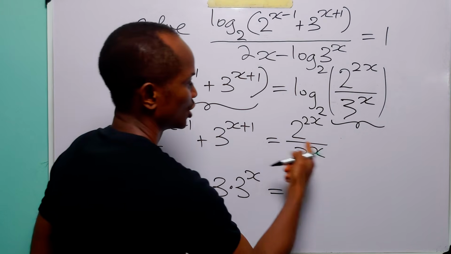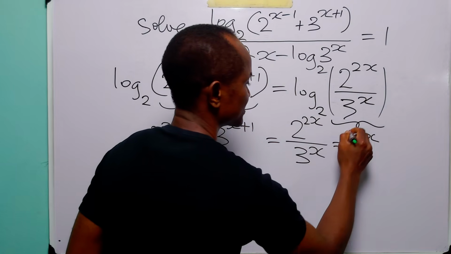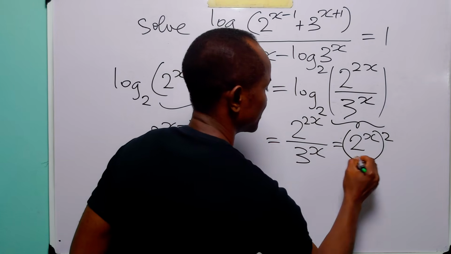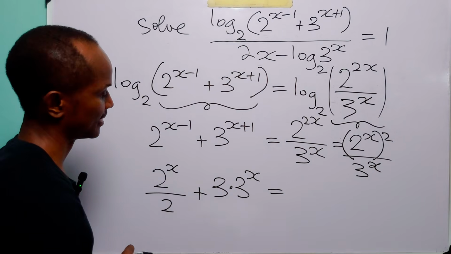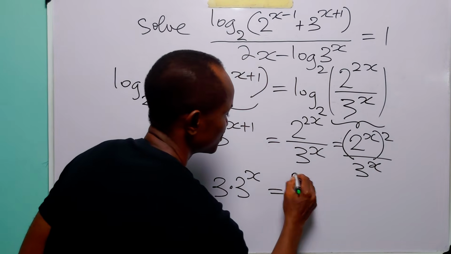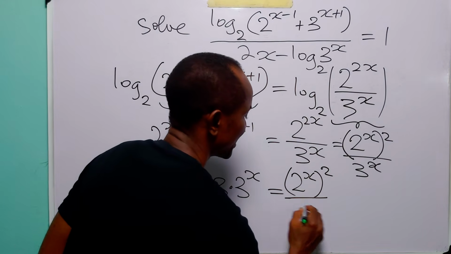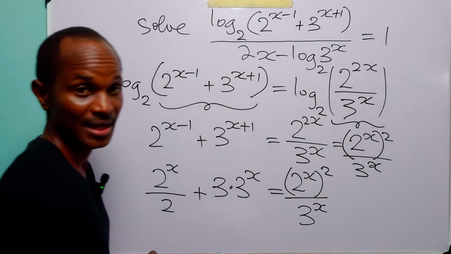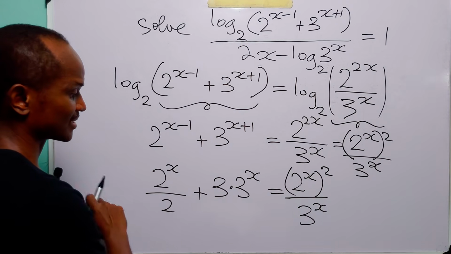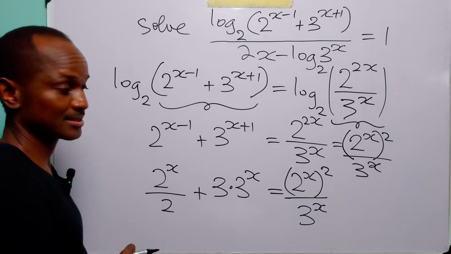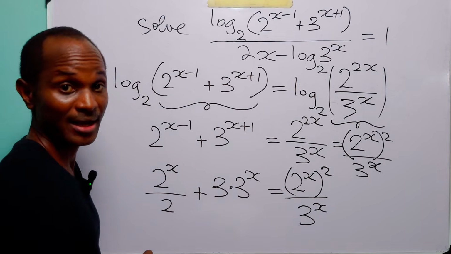also remember that we can write 2 to the power 2x as 2 to the power x squared. And of course, in the denominator, you have 3 to the power x. So this is equal to 2 to the power x squared divided by 3 to the power x. Now, at this point, you can see 2 to the power x and 2 to the power x, and you can also see 3 to the power x and 3 to the power x.